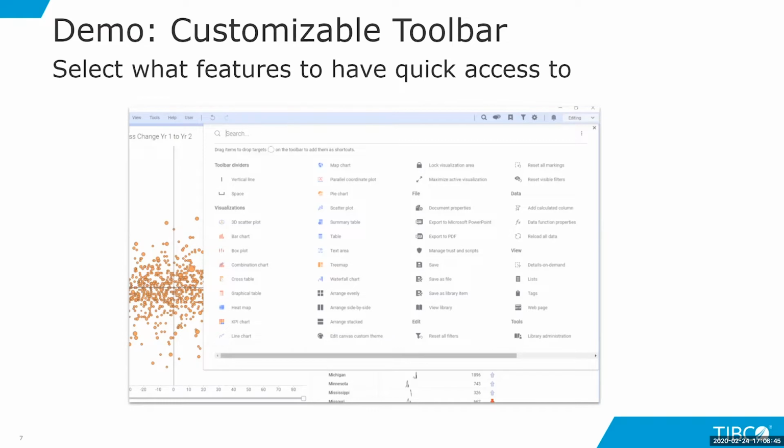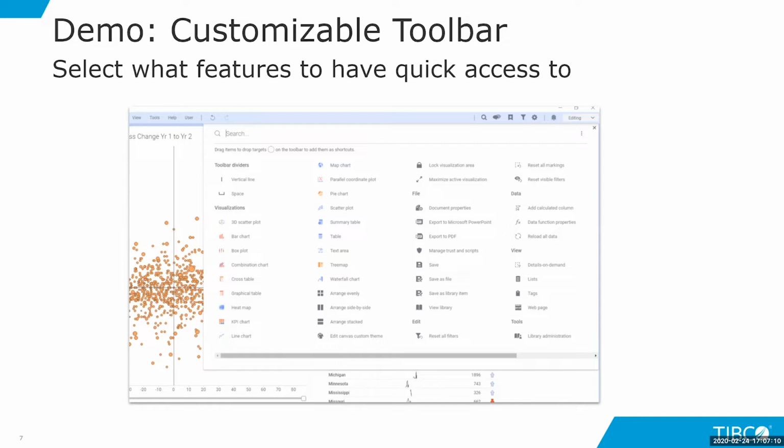So we thought about how can we solve this, without having the toolbar so busy with different icons that it's hard to use for new users, how can we still make it as quick and fast for more experienced users and super users as was the Spotfire 7 toolbar.